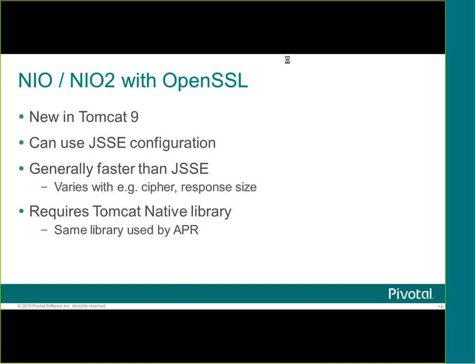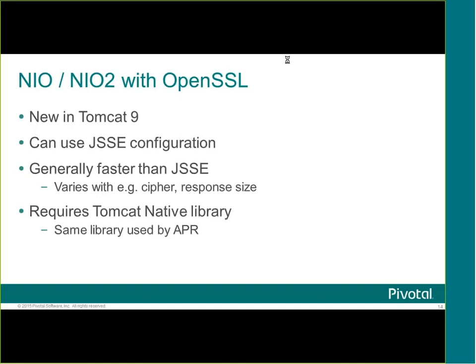Obviously, you can have an efficient cipher implementation and you can have an inefficient cipher implementation, and projects tend to spend the time on those cipher implementations that are most used. It's certainly the case that there are ciphers that are faster with JSSE than OpenSSL, but they tend not to be the more popular ones.